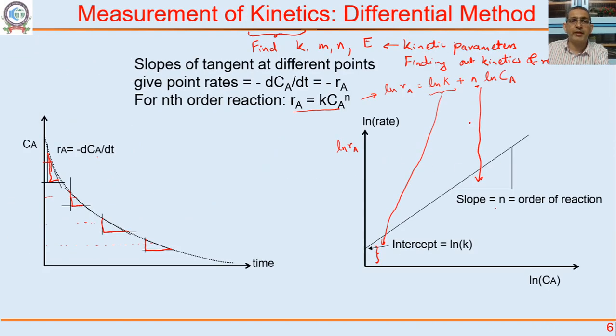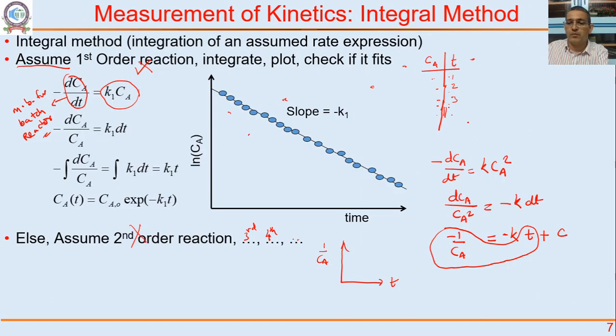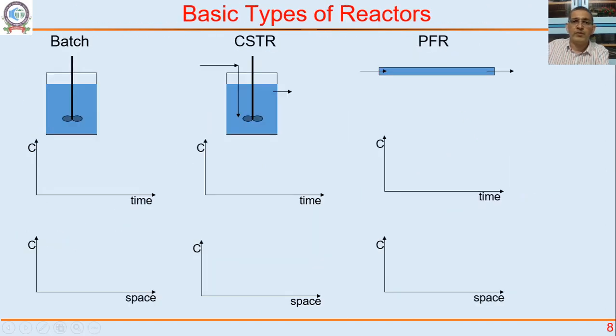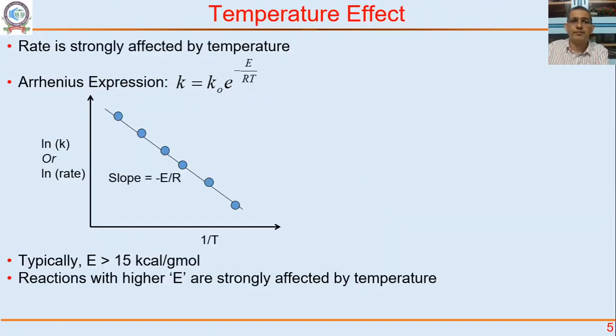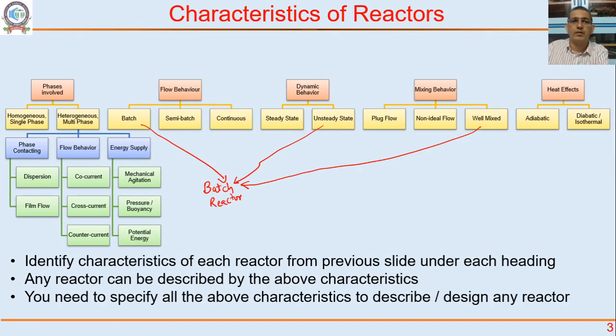Second thing that you have studied is CSTR, right? You said CSTR in your undergraduate course, but what you actually meant is that it is a continuous reactor. It is operating at steady state and it is well mixed.